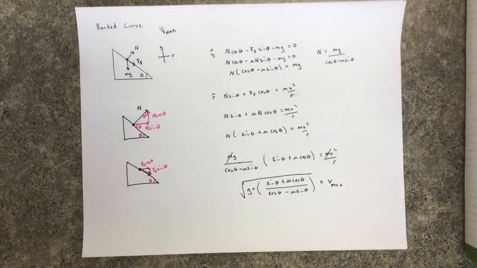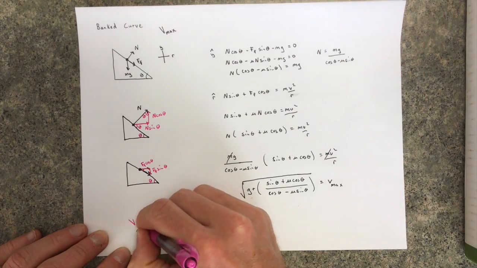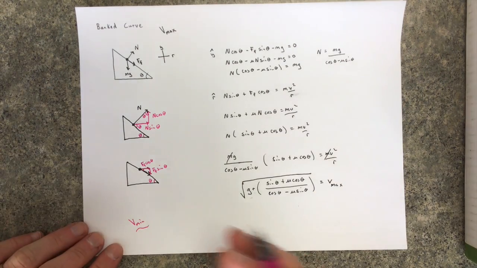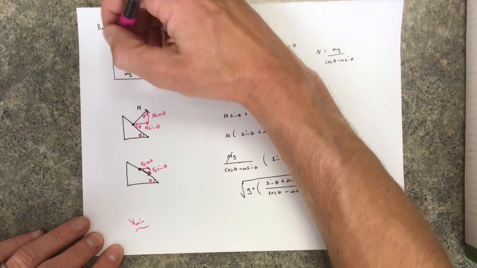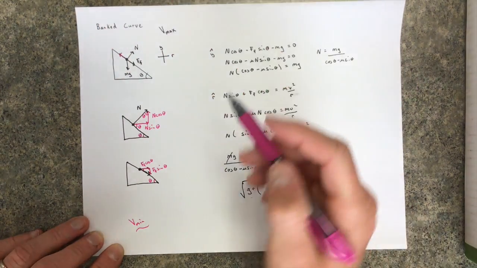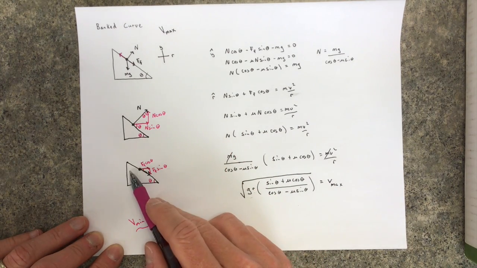Now, how about Vmin? Well, it turns out this is really easy, because if you go really, really slow around a banked curve, there's a chance you might actually slip down the bank, and so then friction would go upwards instead. So instead of being in and down, it's going to be out and up.